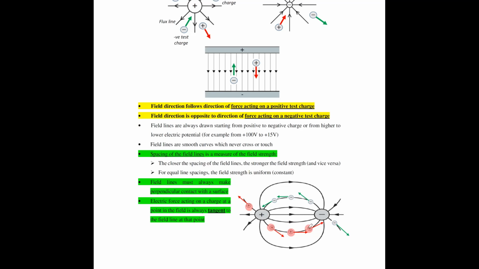Number one, for the positive test charge, if you refer back to the statement that I wrote much earlier, I mentioned that field direction always follows the direction of force acting on a positive test charge, right? You can also read it the other way around: the direction of force acting on a positive test charge follows the direction of the field. It means the same thing.